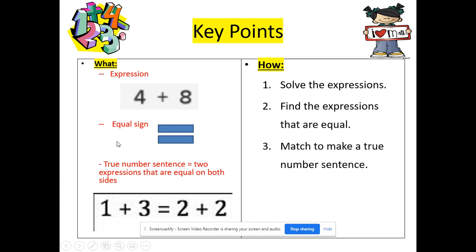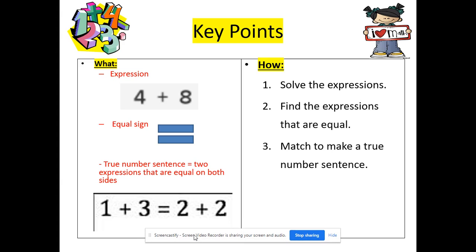An equal sign. Well, this is what an equal sign looks like. And this one usually comes after your expression so that you can write your answer, or so that you can show that both things are equal. And today we're going to be making true number sentences. True number sentences are two expressions that are equal on both sides.